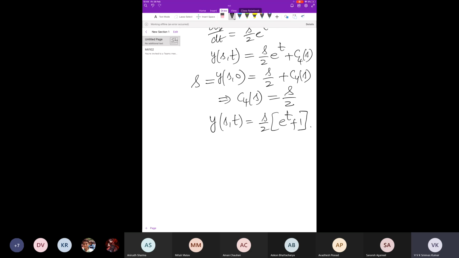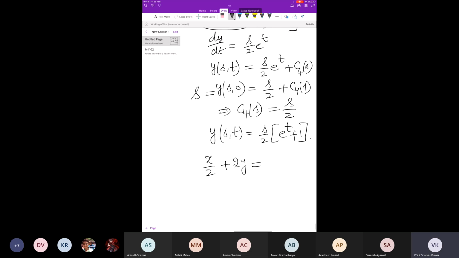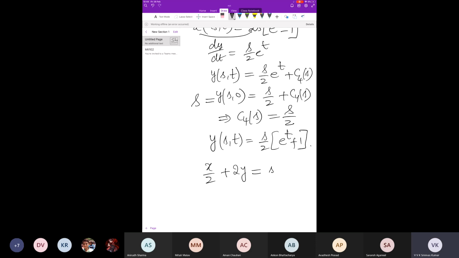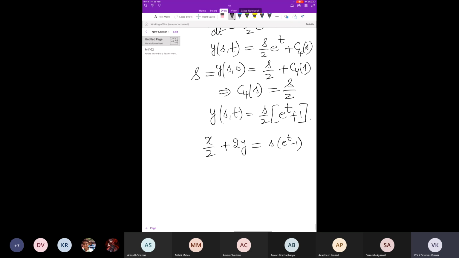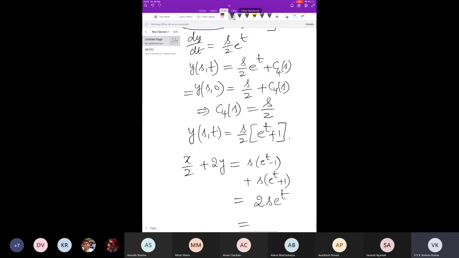Now the final step is to get rid of s and t. Observe that x by 2 plus 2y is equal to what? X by 2 is s into exponential t minus 1. And what is 2y? 2y is equal to 2s exponential t. 2s exponential t is what?